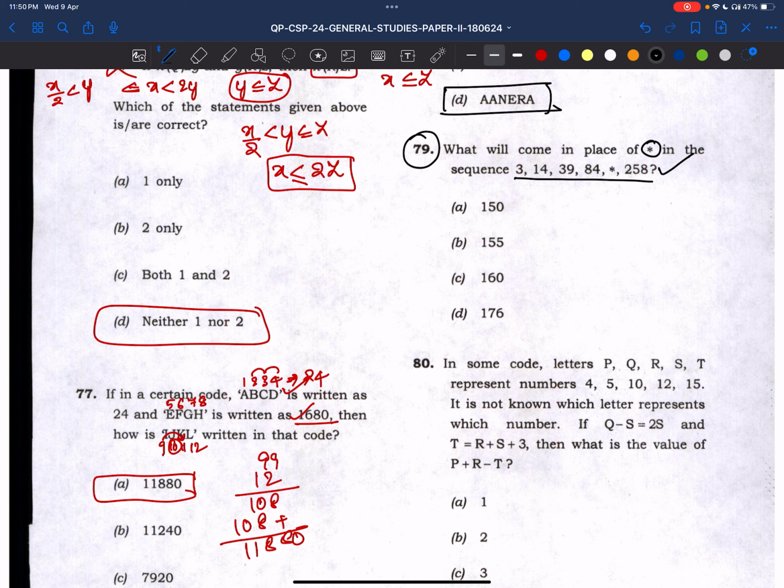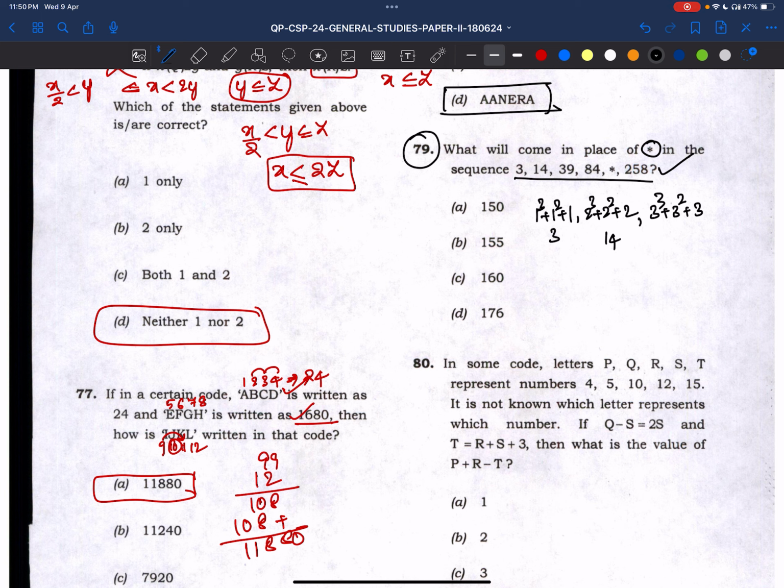You know what's the logic behind the sequence? 1 cube plus 1 square plus 1. Then it will become 3. 2 cube plus 2 square plus 2. That means 8 plus 4 plus 2, 14.